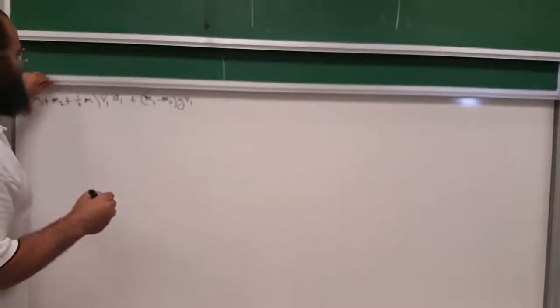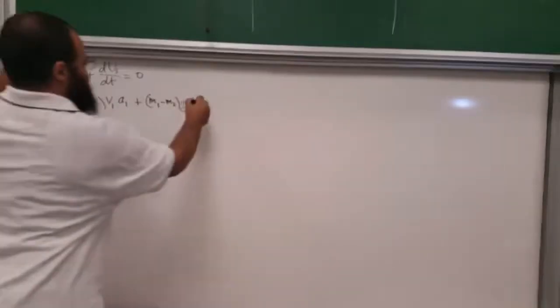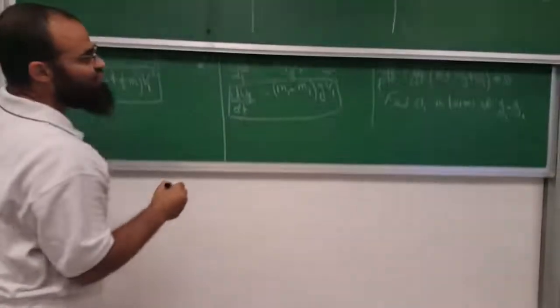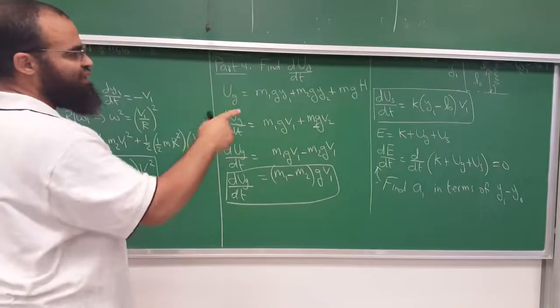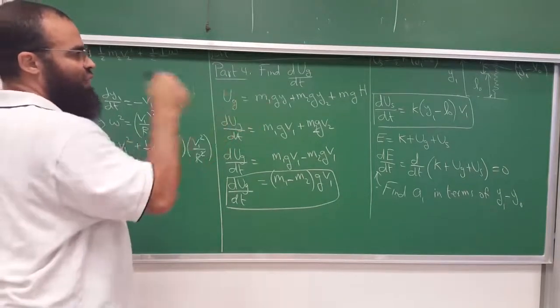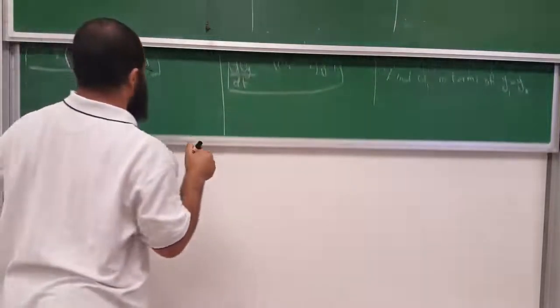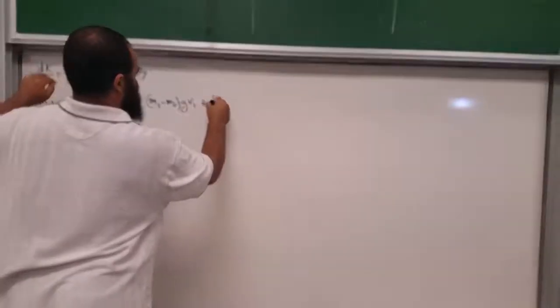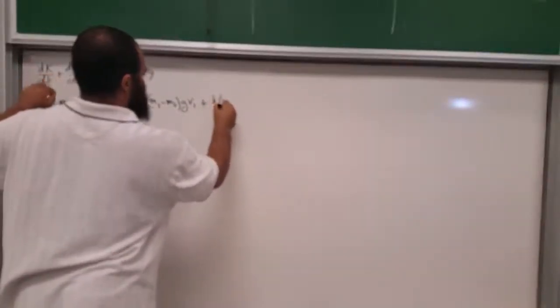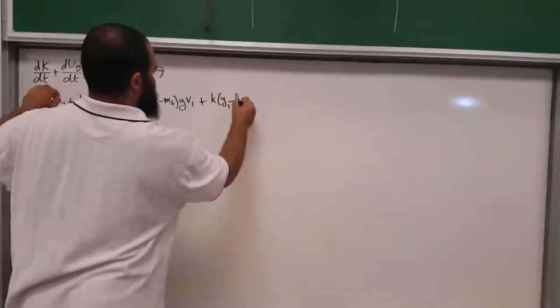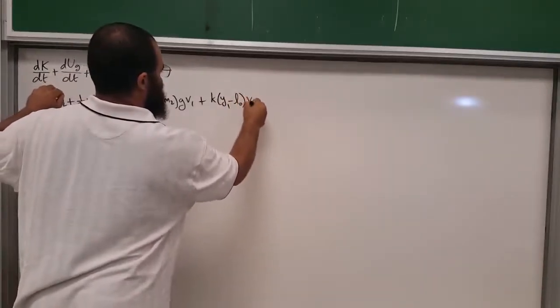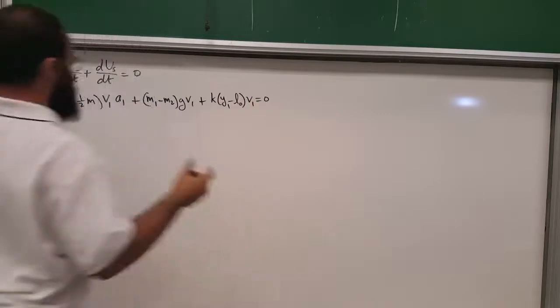And then plus the elastic, plus dU spring dt, what is it? It's k y1 minus L0 times v1.